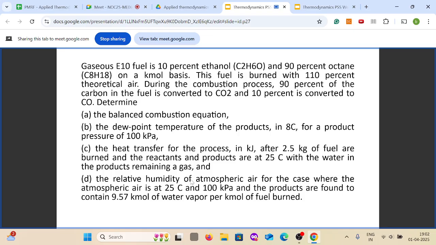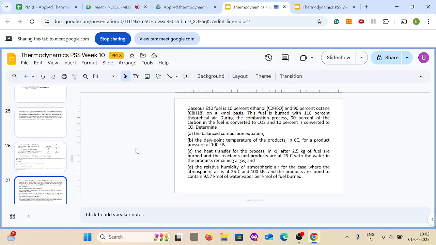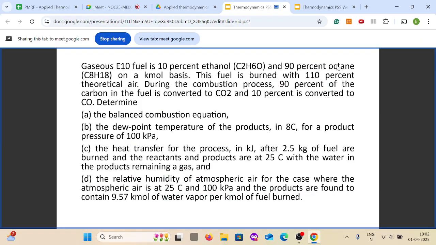So moving on to the next question. We have gaseous E10 fuel, which is 10% ethanol and 90% octane on a kilomole basis.